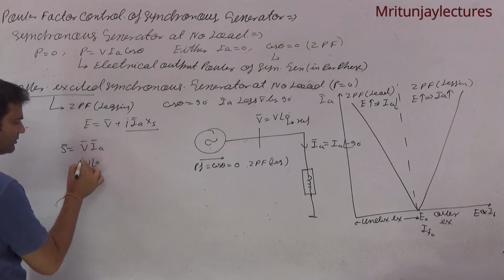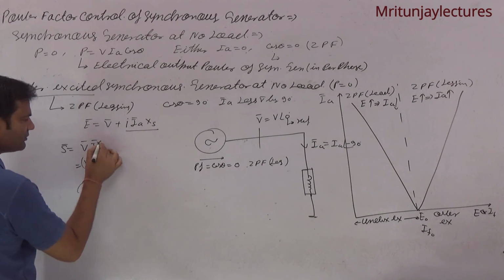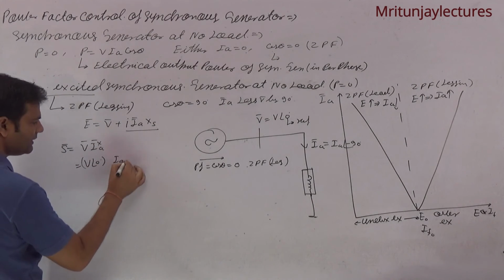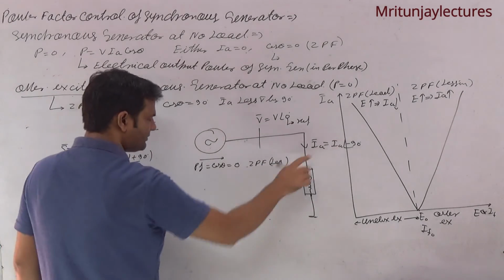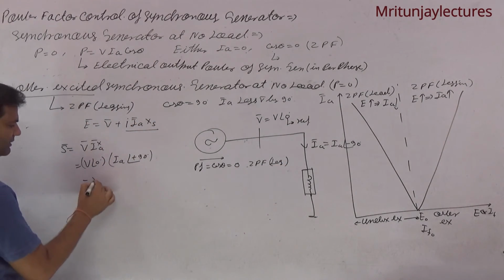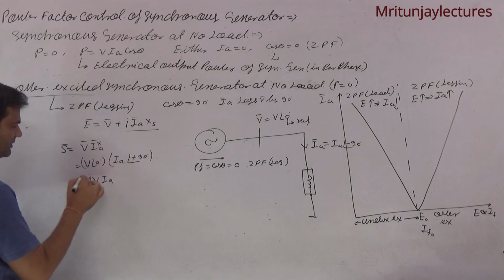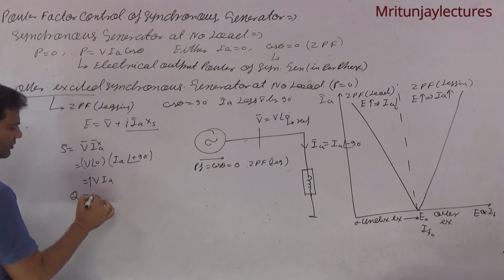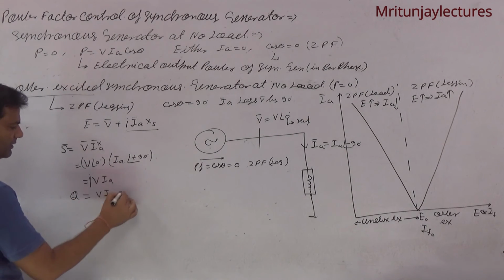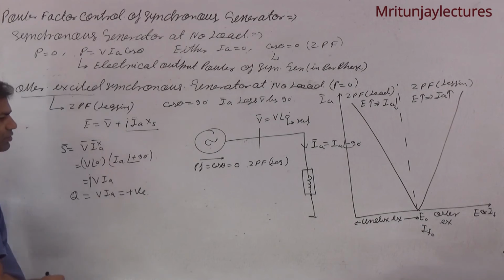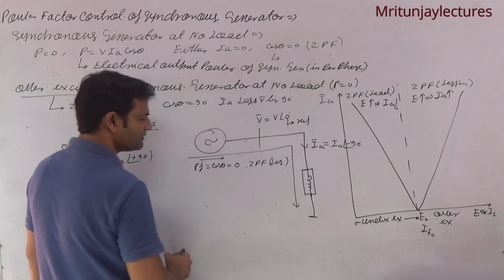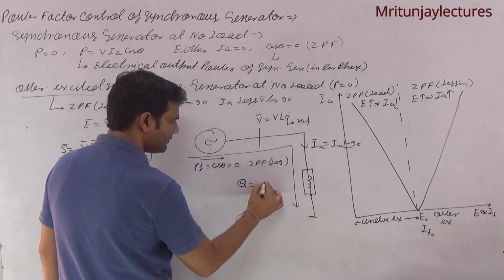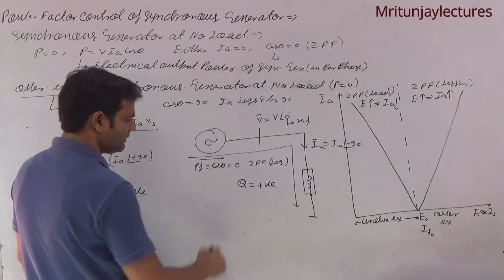V at the angle 0, conjugate of IA, that is IA at the angle plus 90, conjugate of this one, that is plus 90. That's why it is written as jVIA. So Q is equal to V into IA, meaning that it is positive. Positive means the direction of Q is like this one.